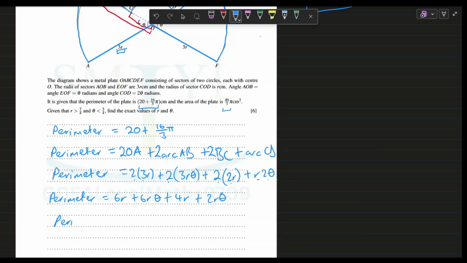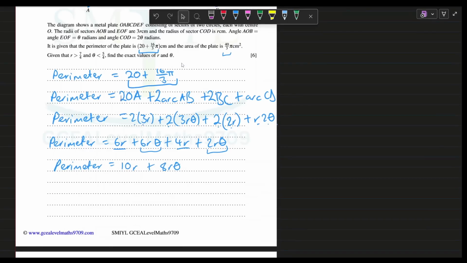So perimeter is equal to 6r plus 4r, so that's 10r, plus 6r theta plus 2r theta, so that's 8r theta. Okay, and because we know that our perimeter is equal to 20 plus 16 over 3 pi, we can say that 20 plus 16 over 3 pi is equal to 10r plus 8r theta.